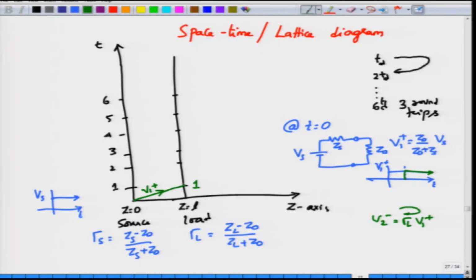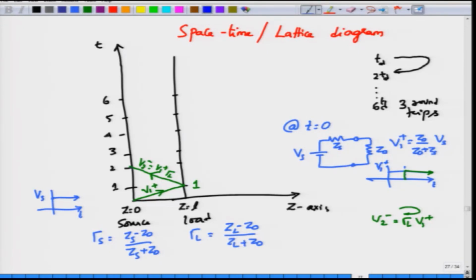So, you now start a V2 minus which would move in the direction from load to source. V2 minus is equal to V1 plus times gamma L. You can write this separately factored in this manner, so that your problem will be slightly simpler to solve. All information is being properly given.